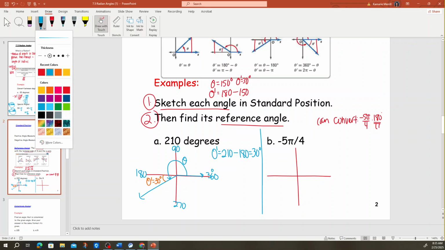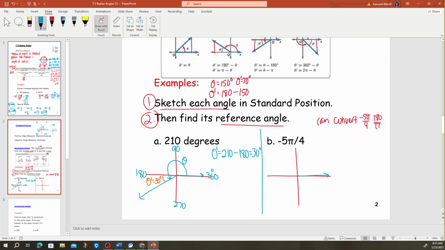So let's try radians. Here's my initial side, and anybody notice what direction we're rotating? Opposite, the negative way. How many pi fourths is this? Let's break this down. Pi fourths was what degree? It was 45 degrees. So we are essentially doing 5 times that.